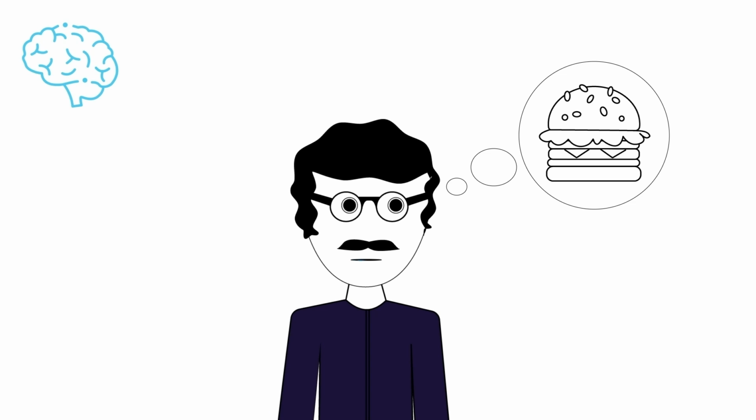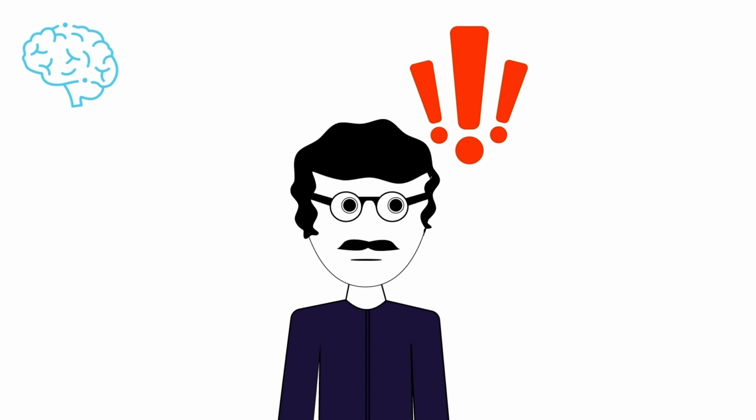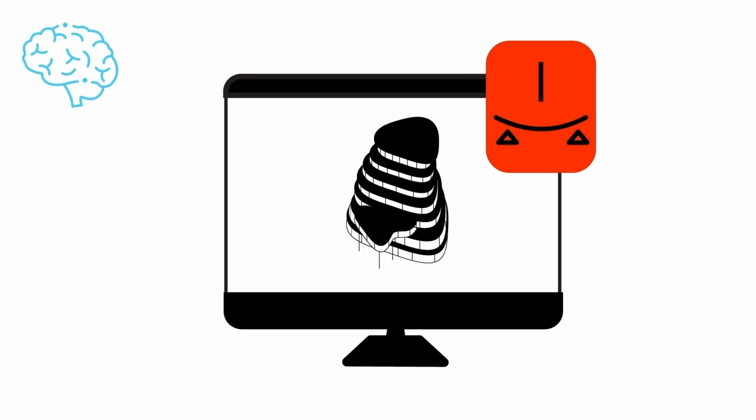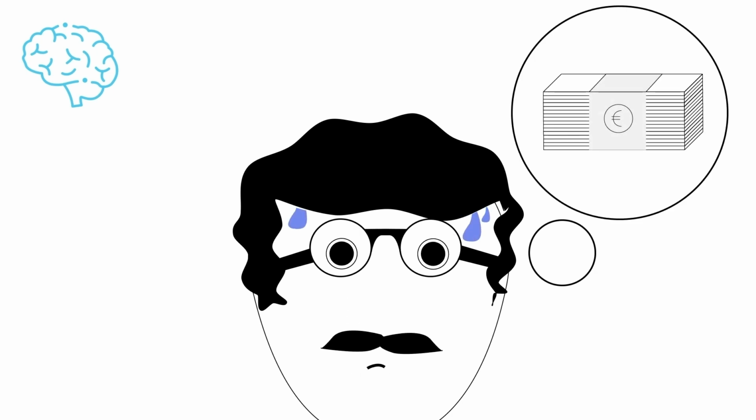When hungry Tom thinks about a juicy hamburger, his mouth starts to water. If he realizes just before the customer meeting that his design is based on a structural error, he sees the contract being jeopardized, begins to think about his financial situation, becomes stressed, and may even break out in a sweat.